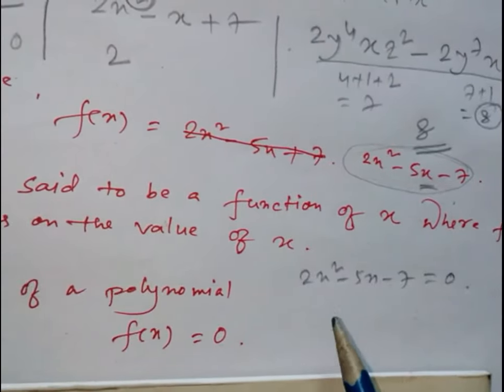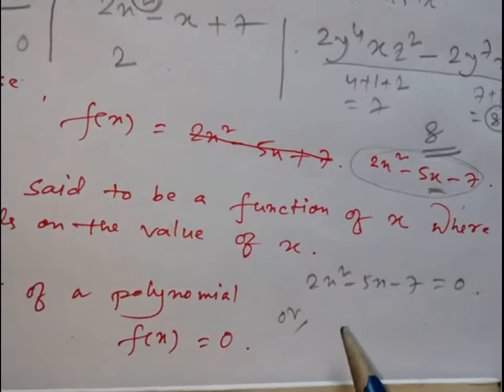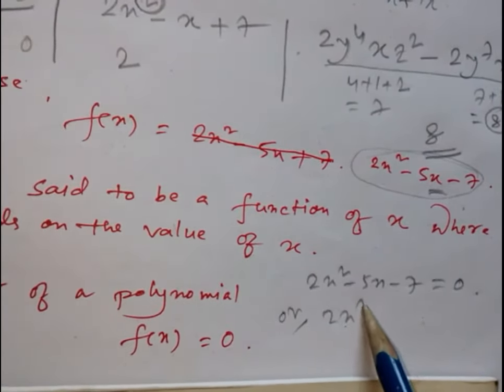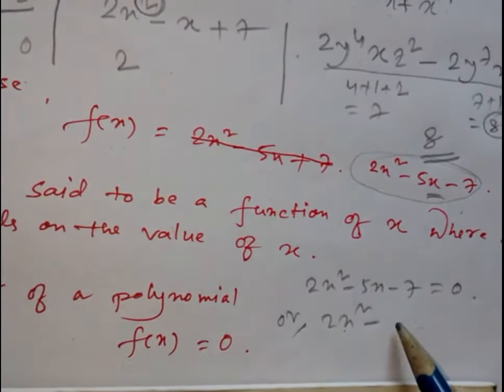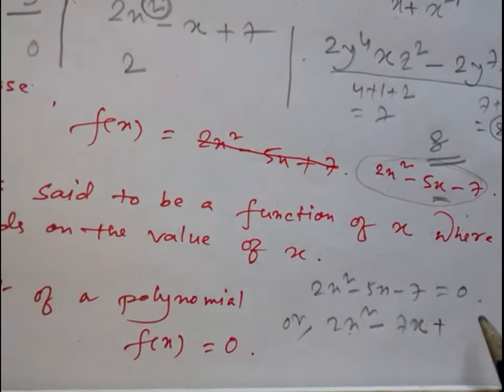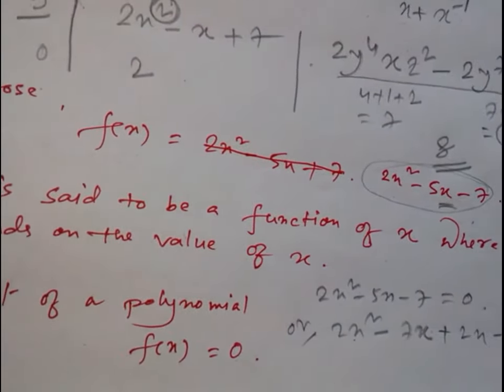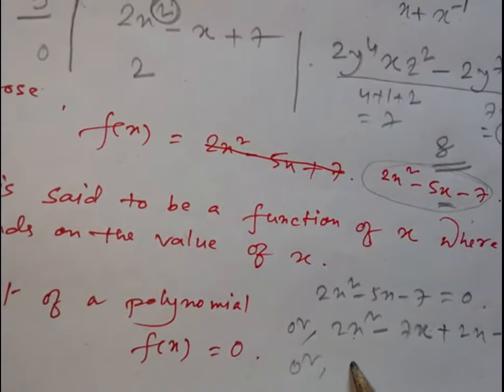Then we need to factorize it, so it will be 2x squared minus 7x plus 2x minus 7 is equal to 0.